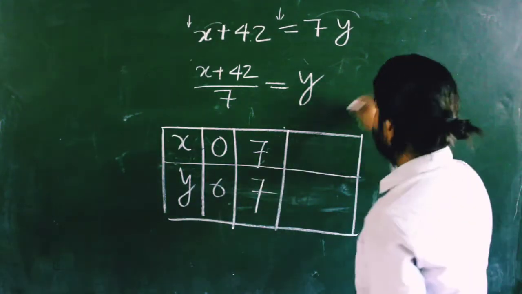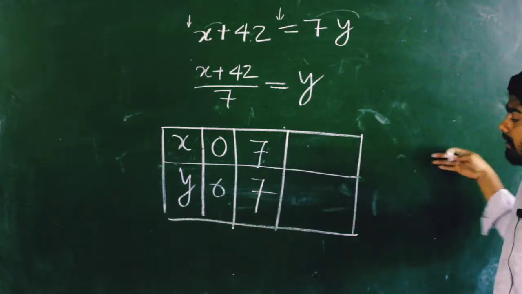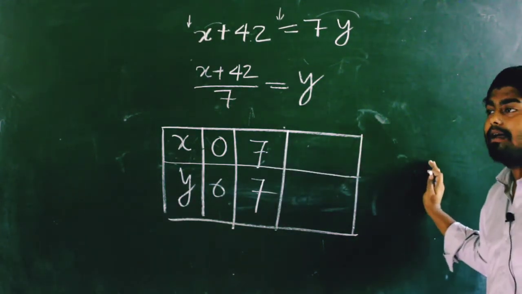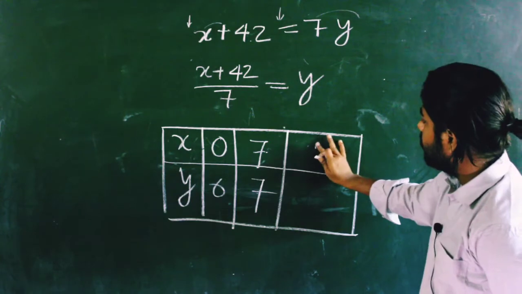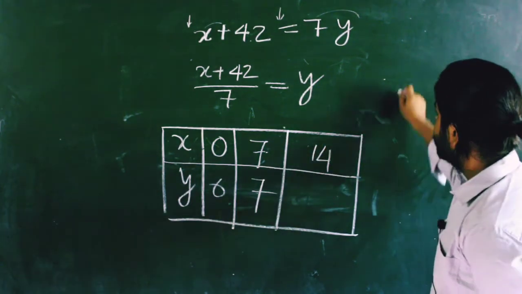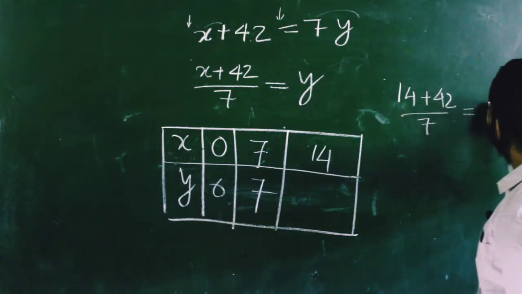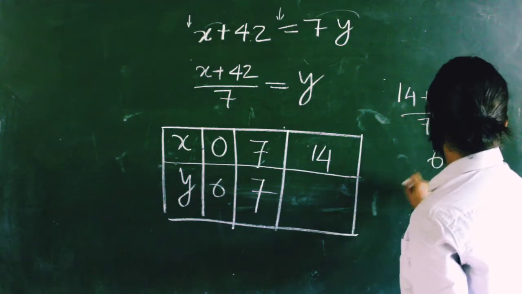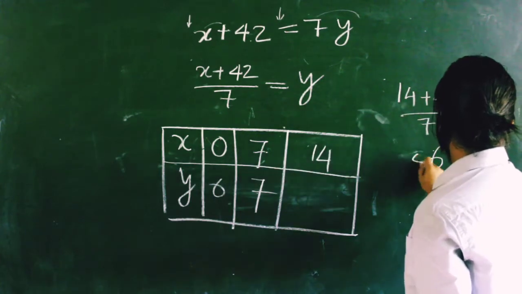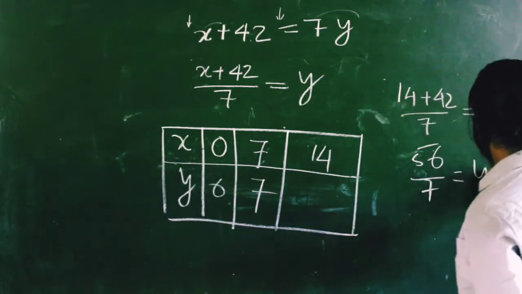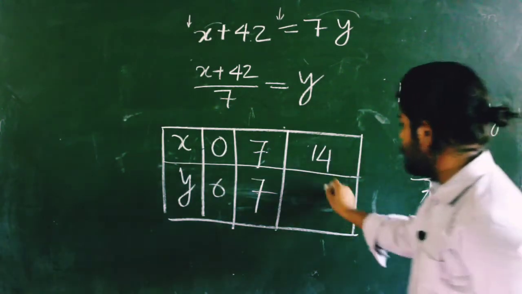Another value we'll take for x. In the exam you have to choose at least 5 values of the variables to get a proper graph. So let's say x equal to, we choose now, 14. So 14 plus 42 by 7, that is our y. So it's 56 by 7, 8.